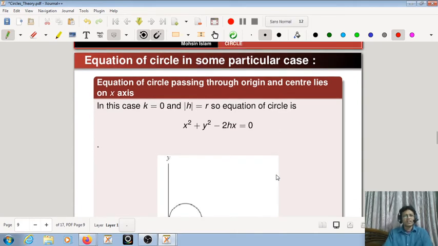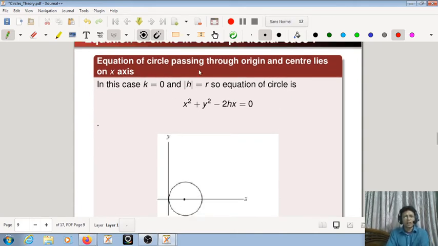Next case, the equation of a circle passing through the origin and whose center lies on the x-axis. Now the case is that the circle passes through the origin and the center lies on the x-axis. In that case, your k will be 0.